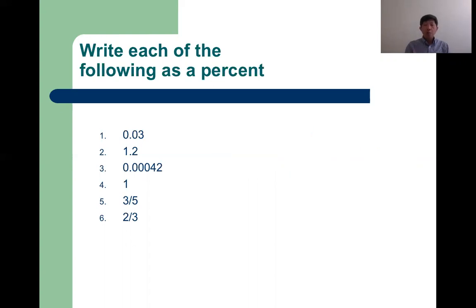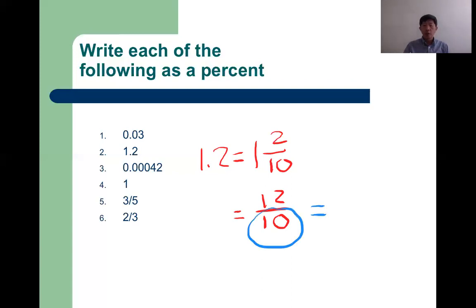Now what about 1.2? We convert 1.2 to a fraction. Actually it is 1 and 2/10, which is 12 over 10, right? But to change it into a percent, the denominator has to be 100.